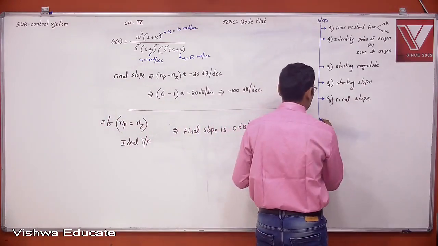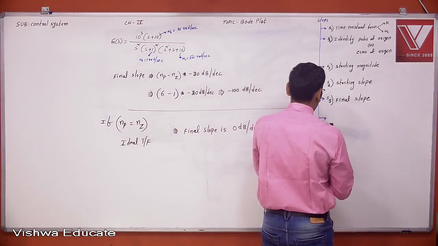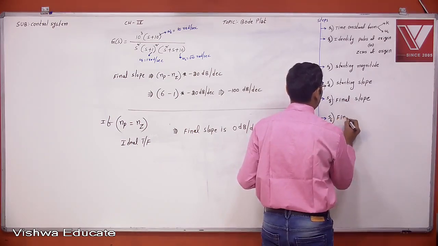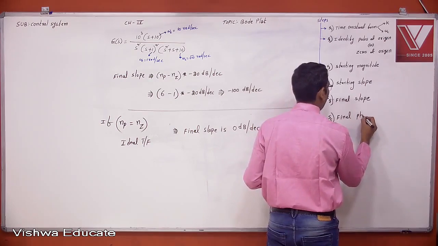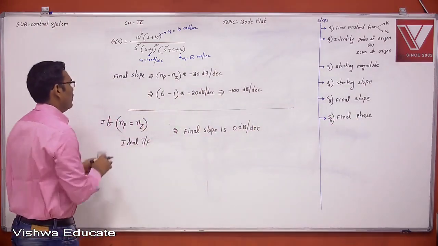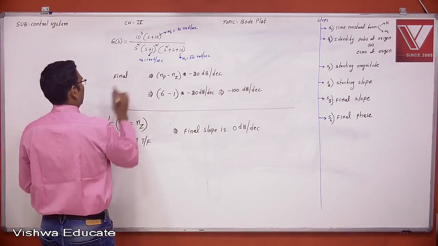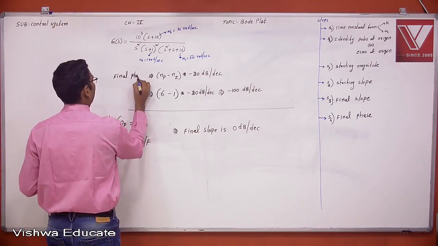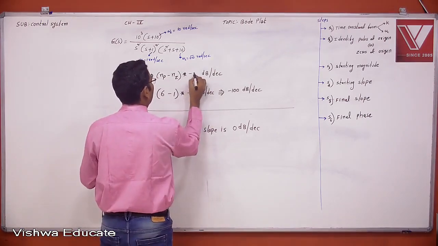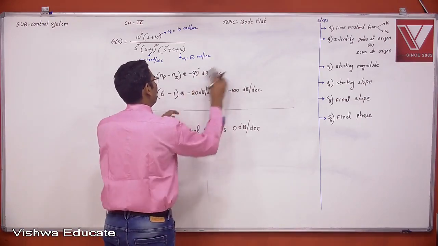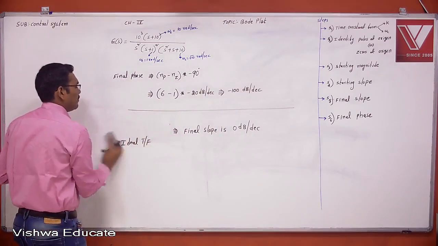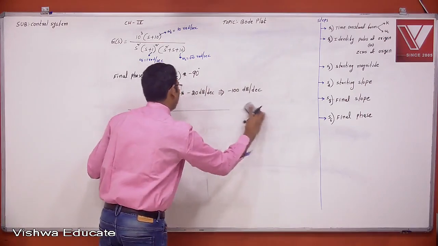Now the next step, step number 6, is the final phase. This is also useful while drawing the Bode phase plot. Final phase is very simple. It is NP minus NZ multiplied with minus 90 degrees.